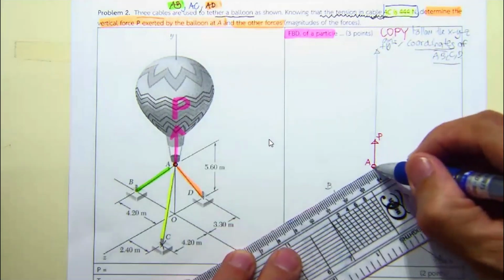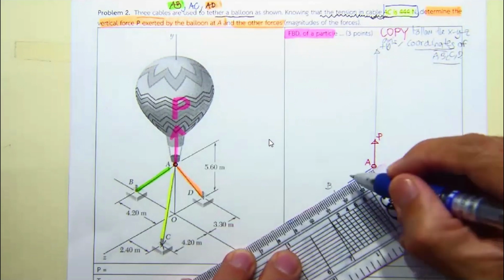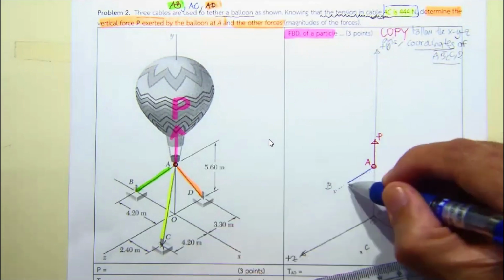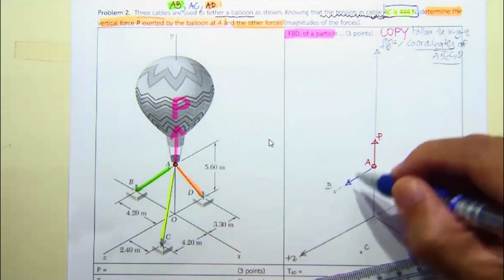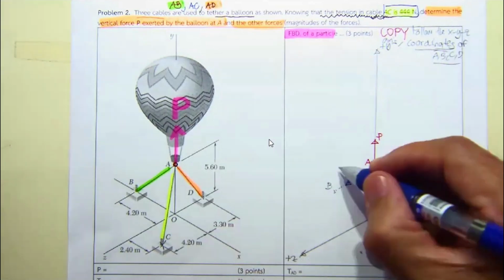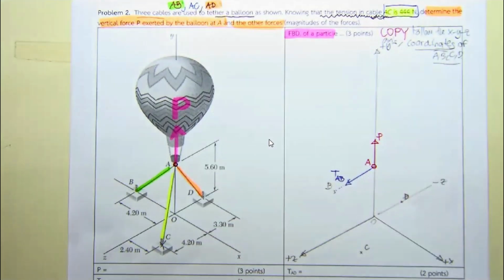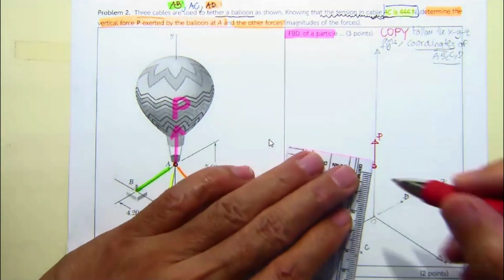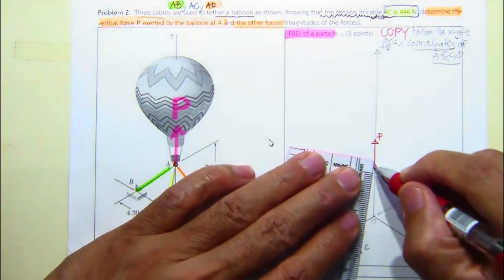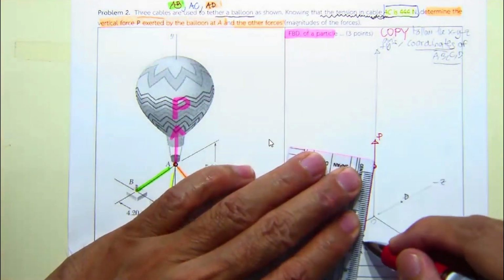The tension force always points out, from A to B. That's going to be P sub AB, from A to B. And then we have another one, A to C. We may draw this one over here.